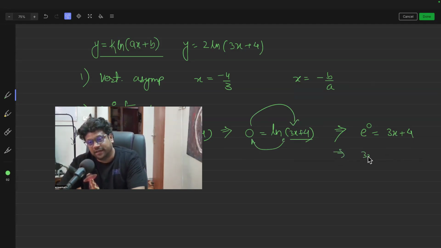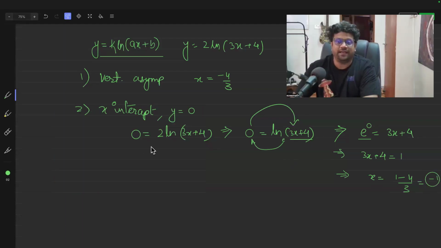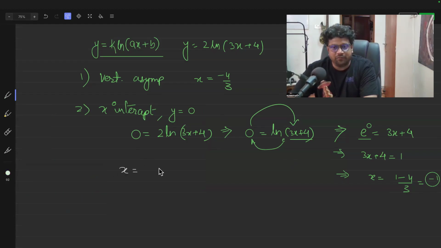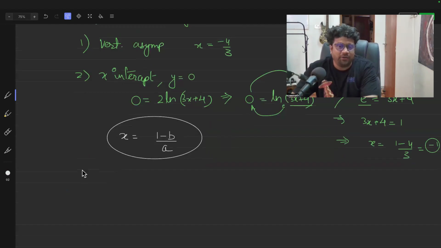And 3x plus 4 is 1, since e to the power of 0 is 1. x comes out to be 1 minus 4 divided by 3, or minus 1. There it is, your x-intercept. On a general basis, the x-intercept would be 1 minus b divided by a. Again, obtained by substituting y equal to 0.